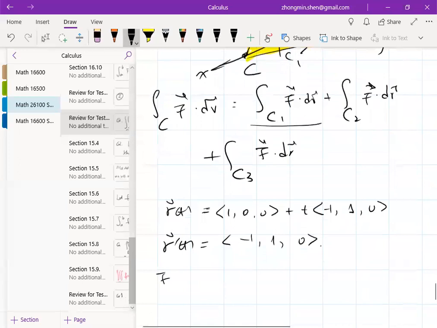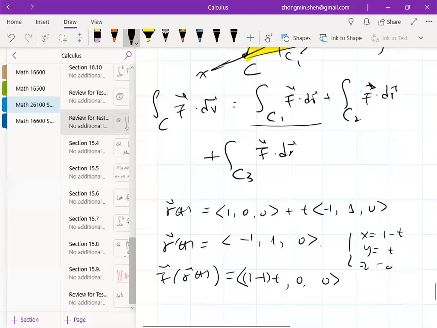So I have to evaluate this vector field along this line, and clearly, since z is 0, x is going to be 1 minus t, y is going to be t, and z is going to be 0. Looking at this vector field, only the first term is non-zero, so it's (1 minus t) times t. The second term is 0 because z is 0, and the third term is also 0.